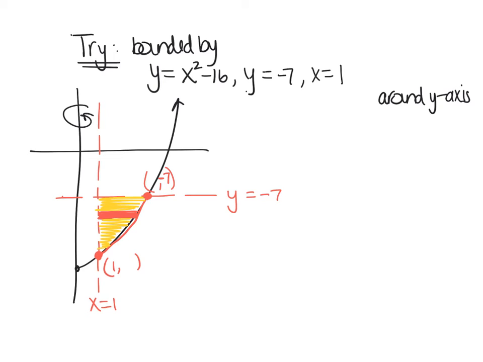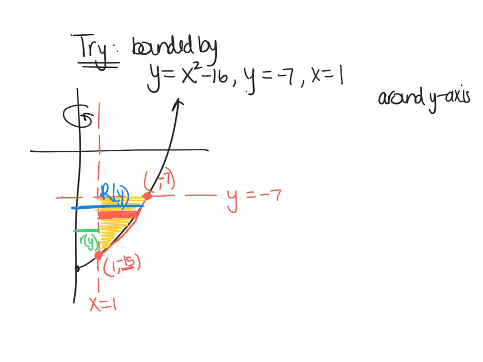It is -7, but we need to know this one down here so we know the lowest y value. So figure out, when x equals 1, what is our output there, and it is -15, because that will be important when setting up your integral. Again, your larger radius is from here to here, so that would be your R of y. Your smaller of your 2 is from here to here, and that's your lowercase r of y.